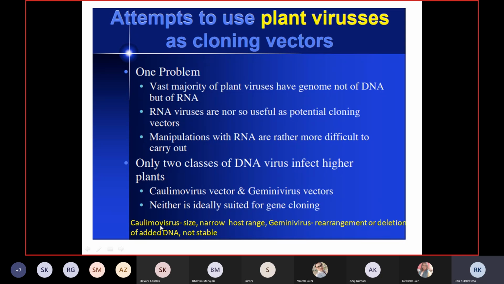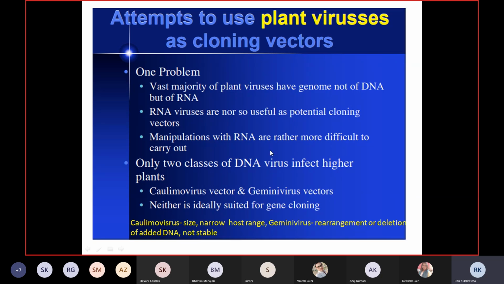So this virus cannot equally infect all the different types of plants. It does have its particular host range. And similar is the case for Gemini virus. In this, the disadvantage is that once you have cloned your gene of interest, it was seen that the gene that has been cloned is not very stable. You see a lot of rearrangements or deletions.